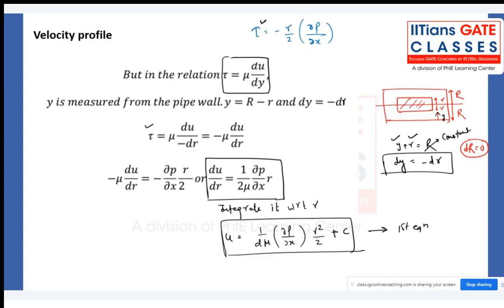Because of dou p by dou x only, what you are thinking, that because of this only we are supplying with the help of pump. We are sending the liquid in a pipe with the help of what? Pump only. That's why the pressure variation is there. That's why this difference is there. Otherwise, if there is no flow work difference, then do you think that big industries need the centrifugal pump or any pump?